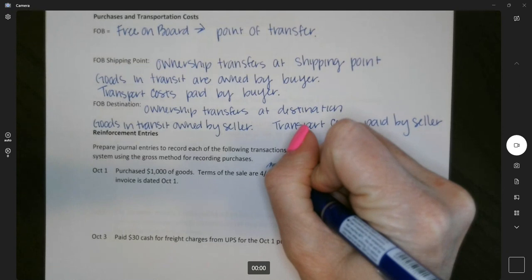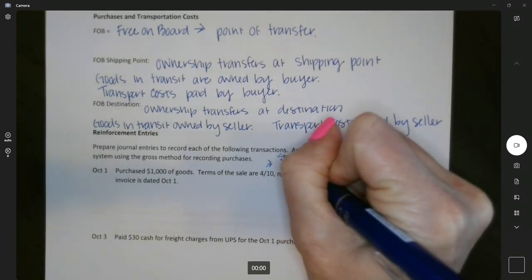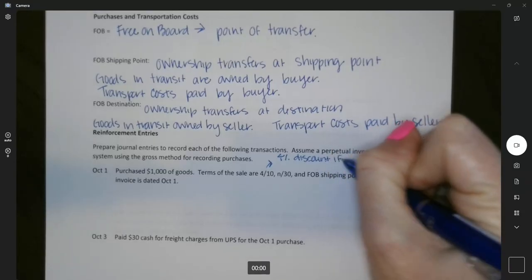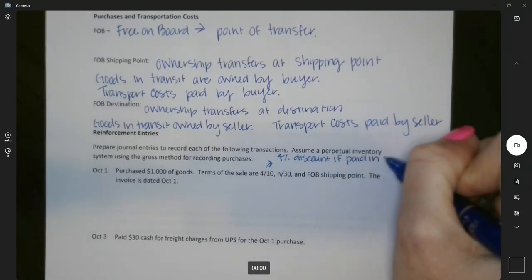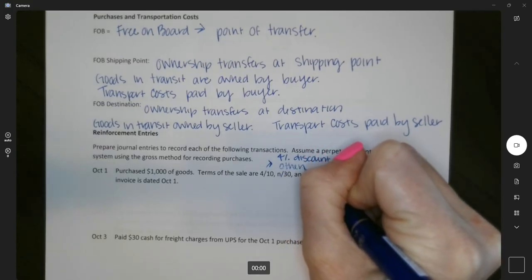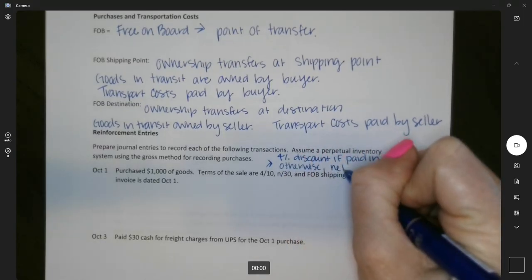For the terms, the 4/10, n/30 means 4% discount if paid in 10 days. Otherwise, the net is due in 30 days.